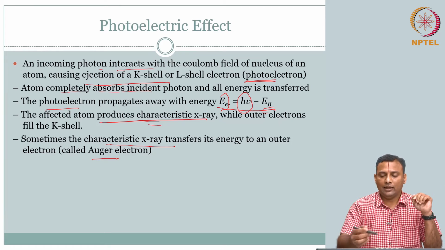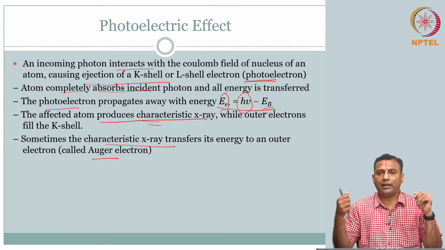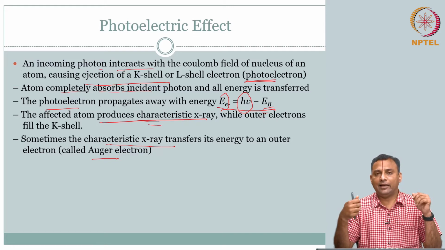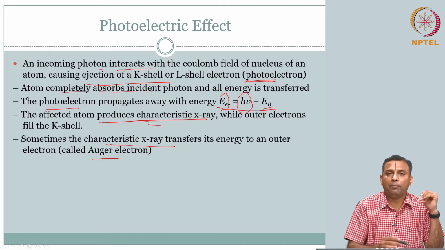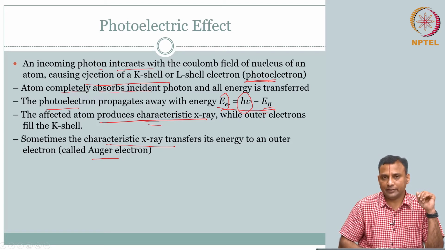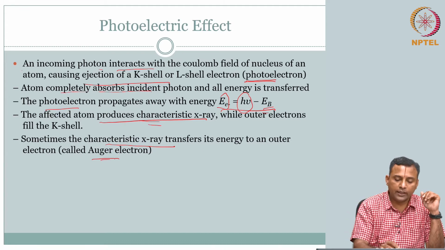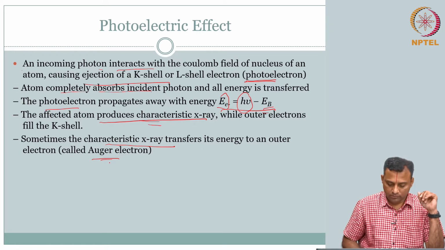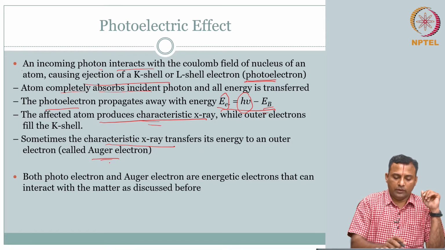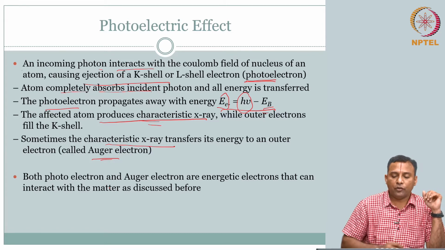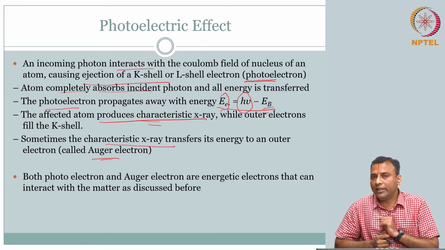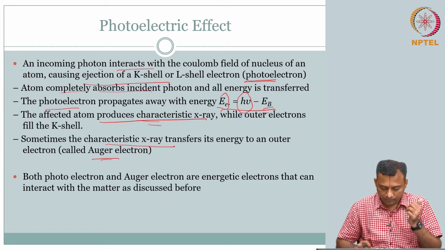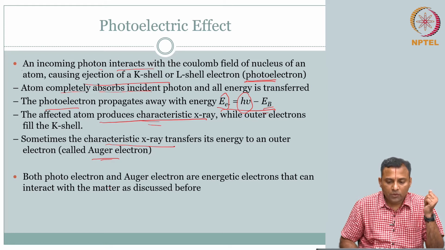The only thing is, now even when we have electromagnetic radiation, an X-ray, interacting with tissue, you can get these particulate radiations. So, essentially both Auger electrons and photoelectrons can interact with matter in ways that we already covered, right. Okay, that is good.